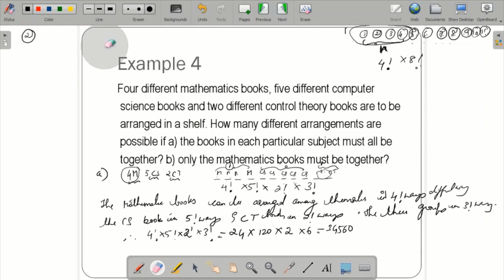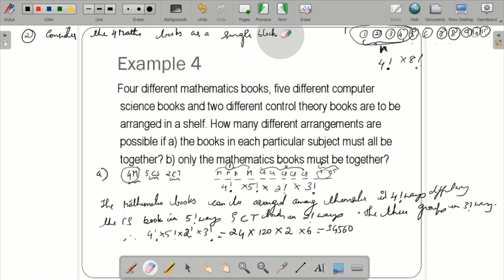So I'll just write the statement for the second section. Consider the 4 maths books as a single book.